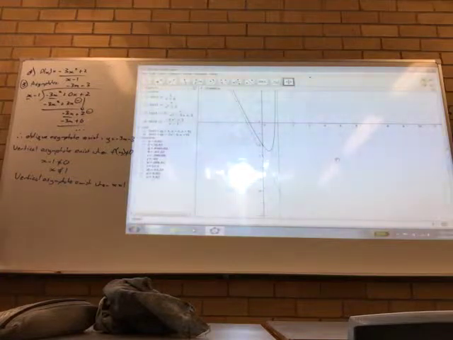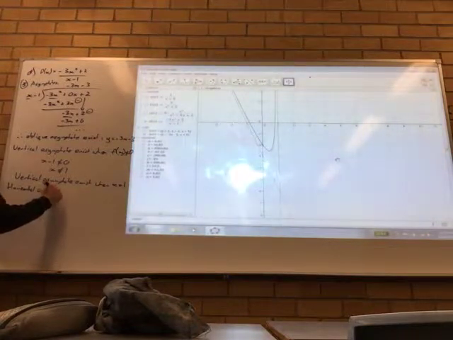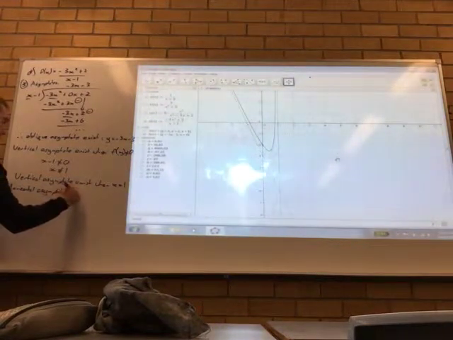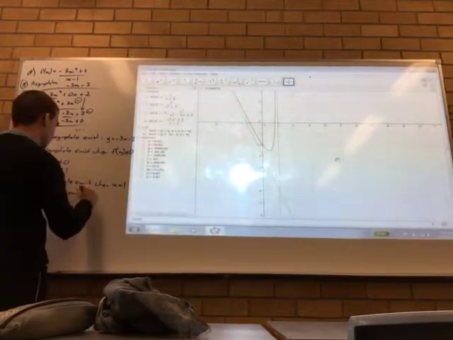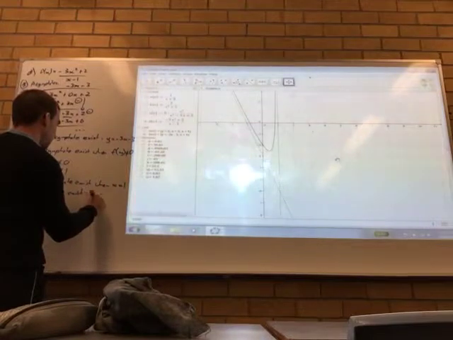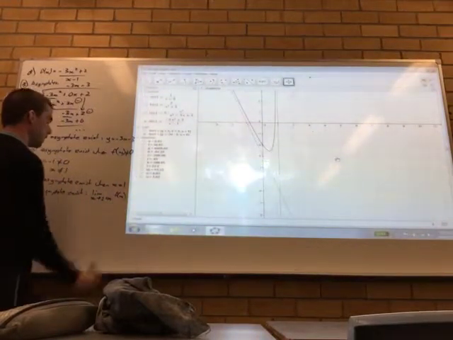Okay, horizontal. So how do we find the horizontal asymptote? Divide. Yep, so in other words, taking the limit as x approaches plus or minus infinity of the actual function.